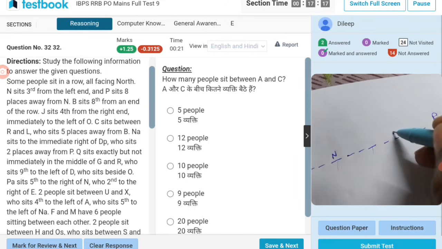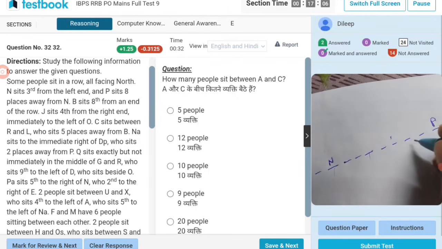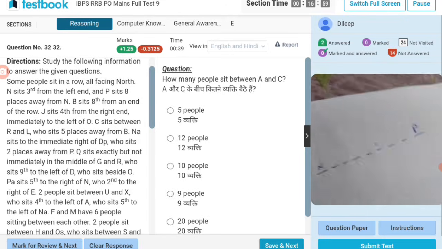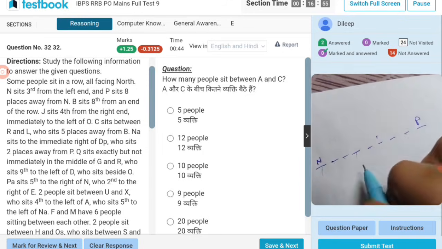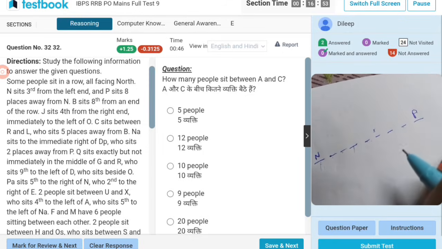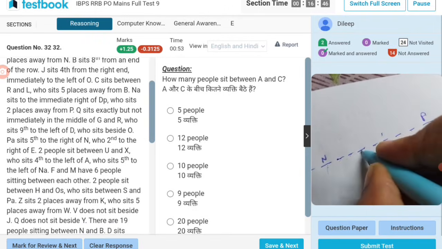J is 4th from the right end and immediately left of O. C is between R and L. L is 5 places away from B. So P is 5 to the right of N. 1, 2, 3, 4, 5.